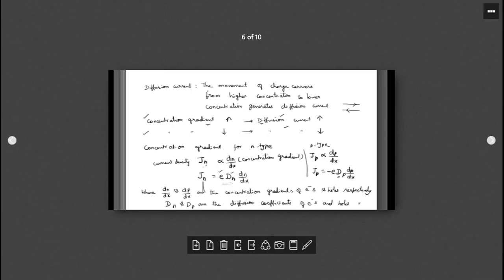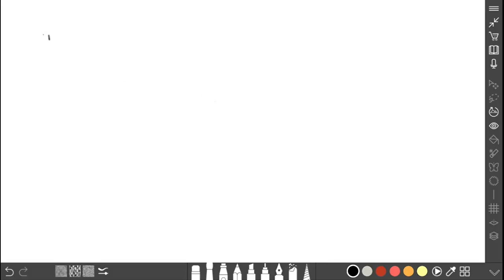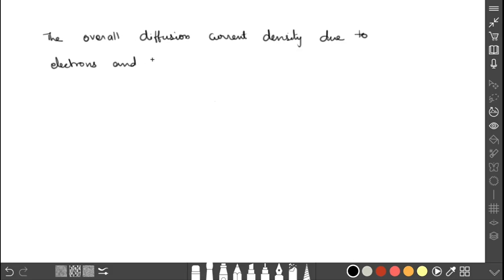The overall diffusion current density due to electrons and holes can be written as J is equal to Jn plus Jp.